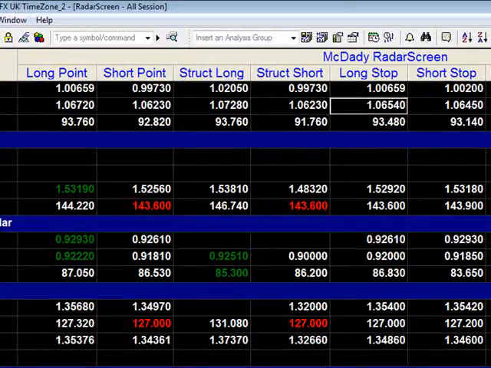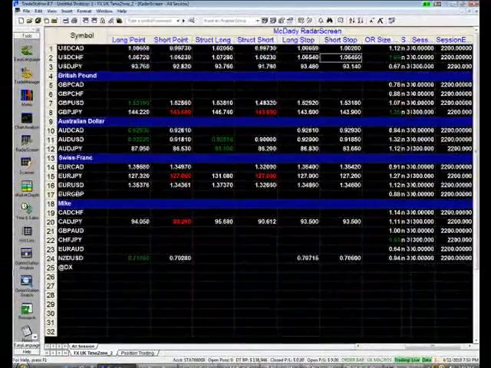The long stop, if we go long above 106.72, our stop is quite tight, it's 25 pips, 106.54.